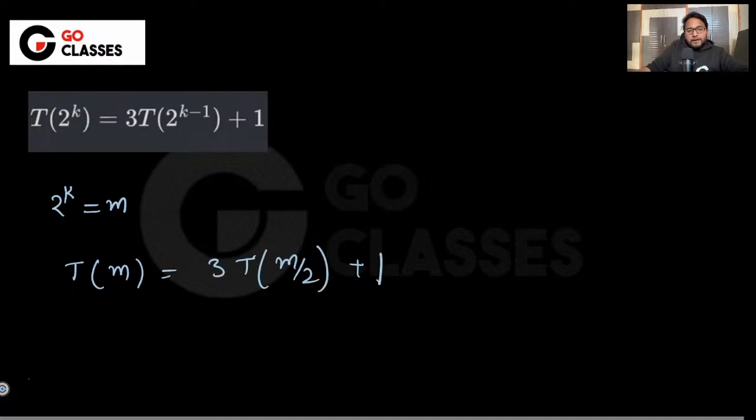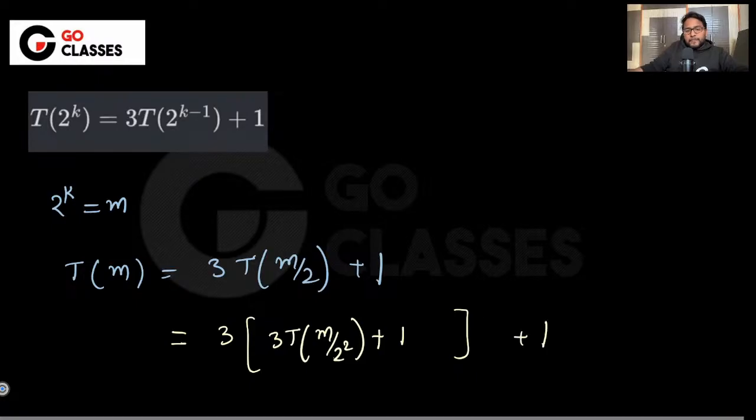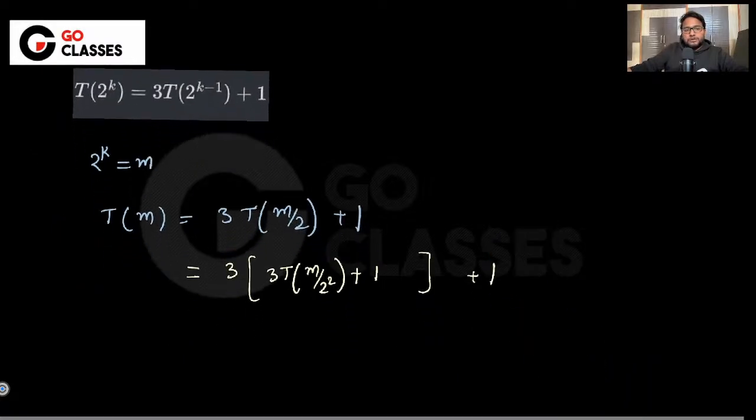If you solve this further, it will be 3 into 3T(m/2 square) plus 1, right? Plus 1. So you need to keep on solving it. So what is the answer?